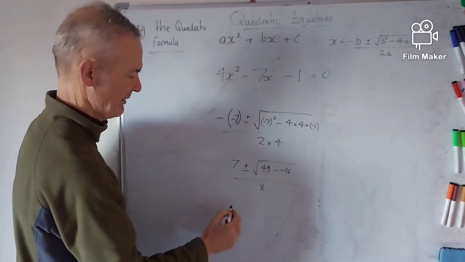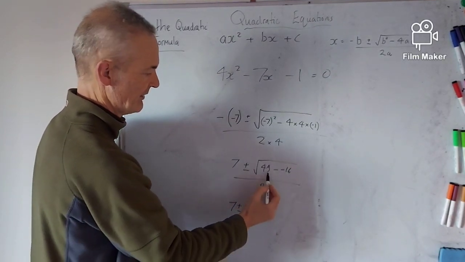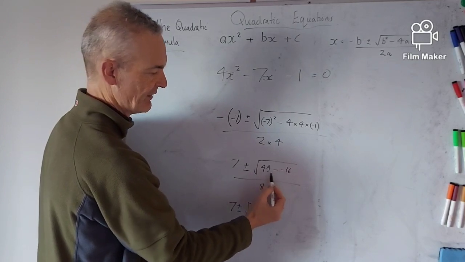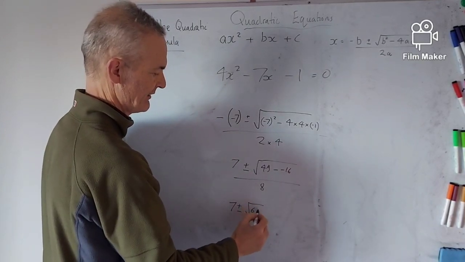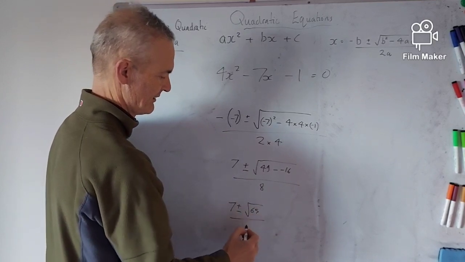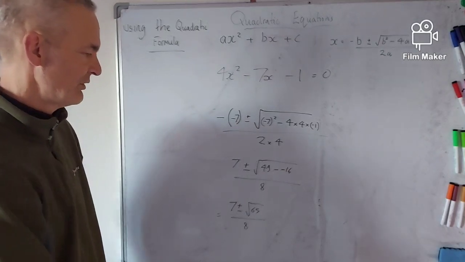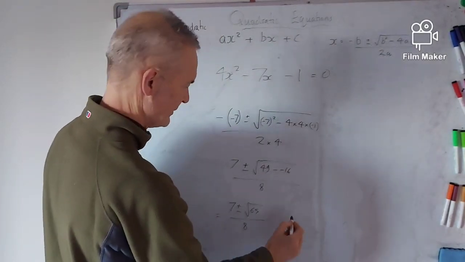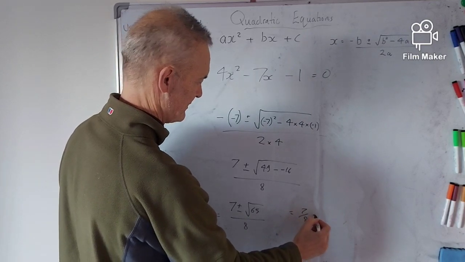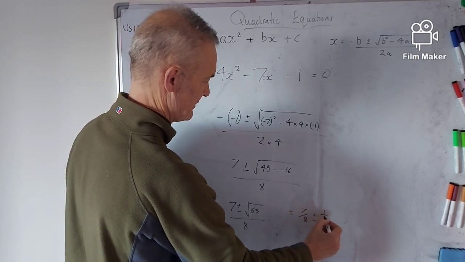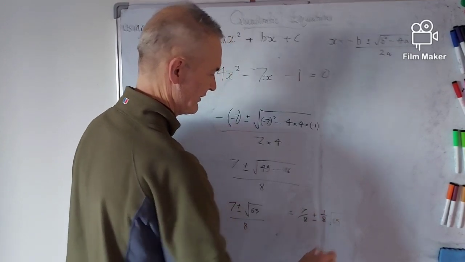Let's simplify this a little bit more. So we've got 7 plus or minus. Because we've got these two negatives, we're going to add these together. So 49 plus 16, 65 over 8. Okay, so you could write that if you wanted to, like so.